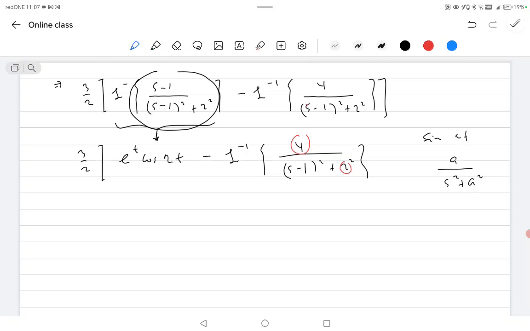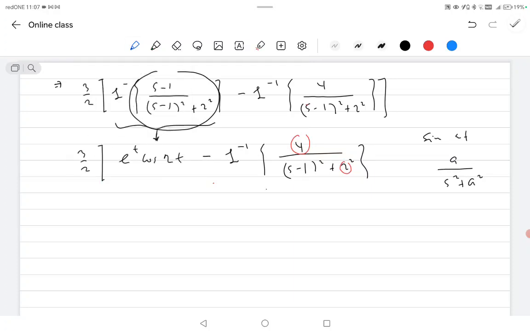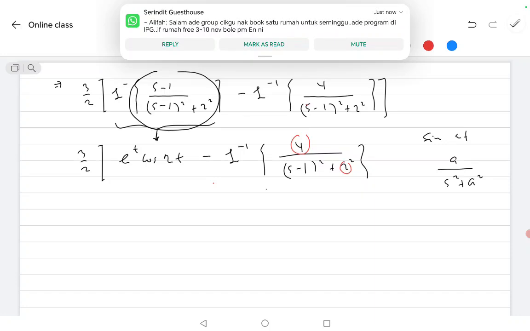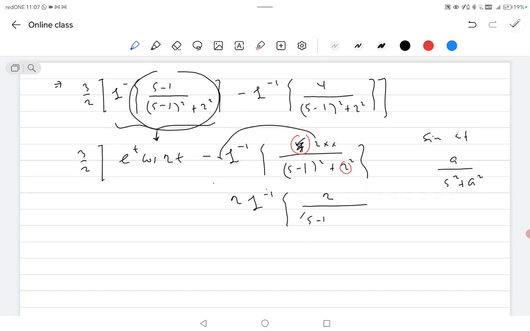So here, the 4 is 2 times 2, so one 2 we can bring out here: 2 times inverse Laplace of 2 over ((s minus 1) squared plus 2 squared).